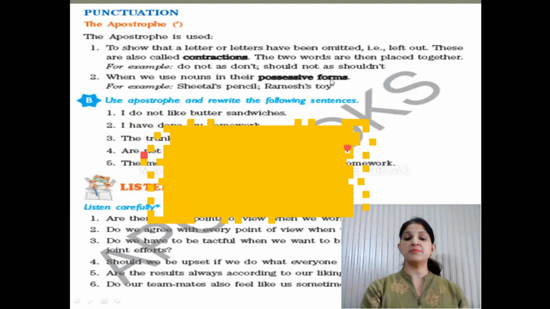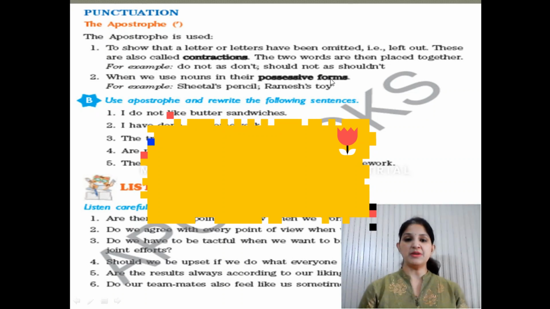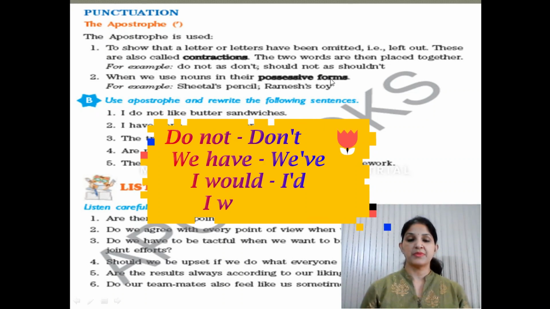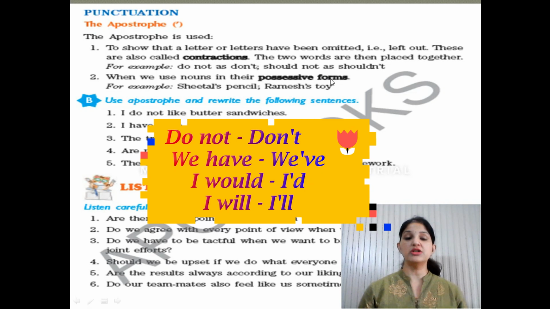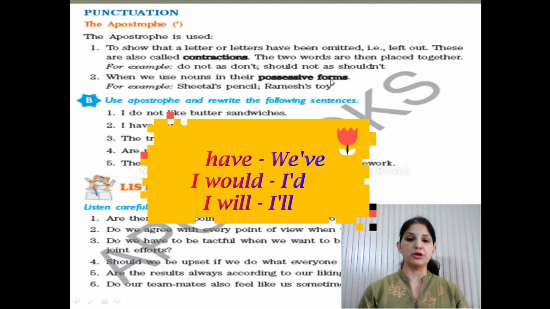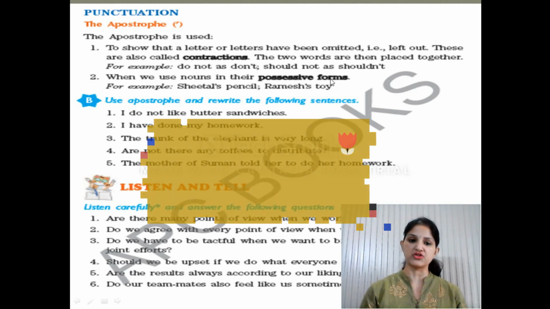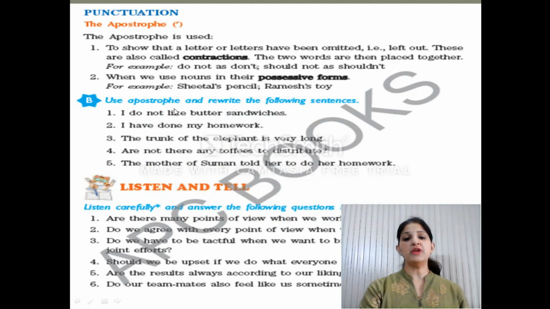In a similar way, more contractions are there, like don't, I have, I will. So many words of contractions are there. You have to learn which letters have to be omitted and which words have to be joined for making the contractions.